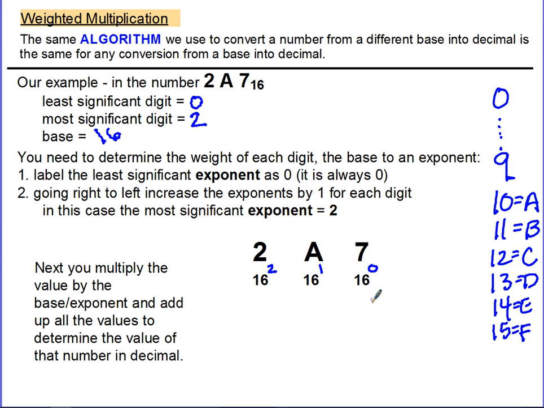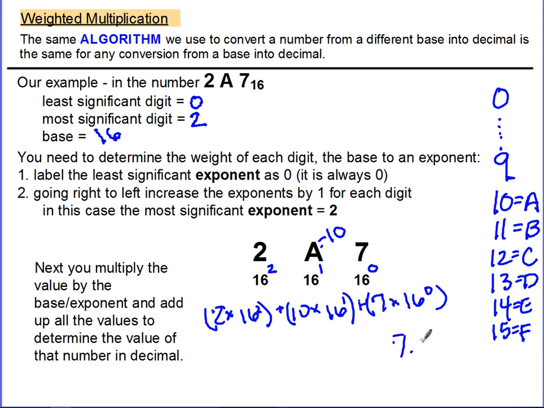So this becomes 7 times 16 to the 0 plus A, remember, is 10, so 10 times 16 to the first plus 2 times 16 squared.